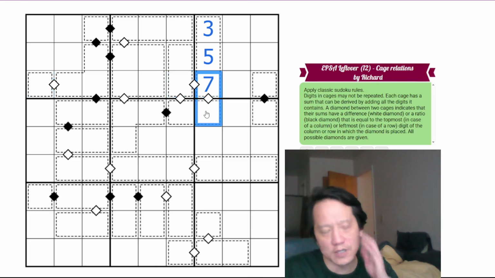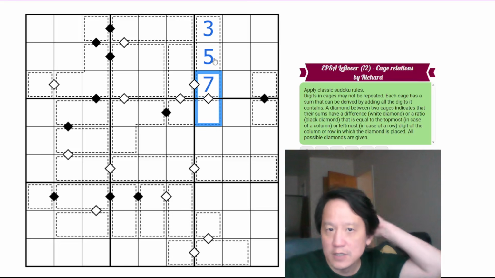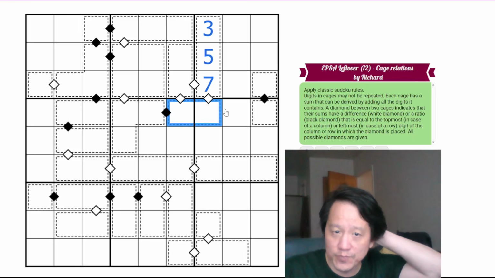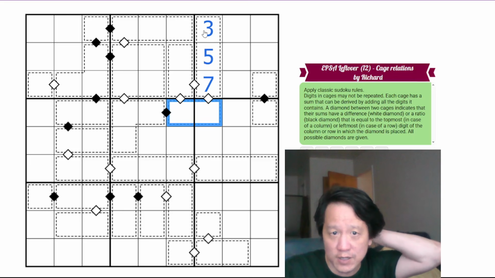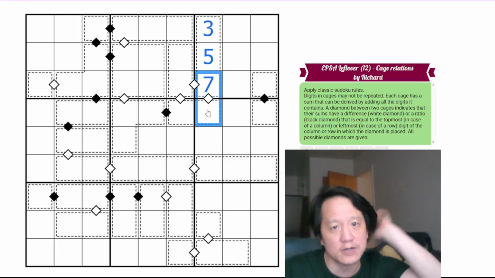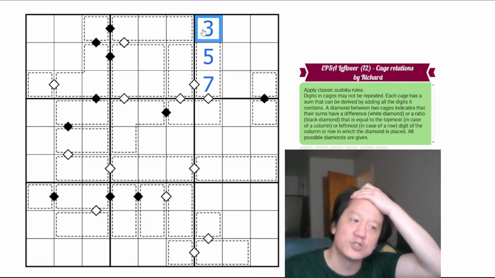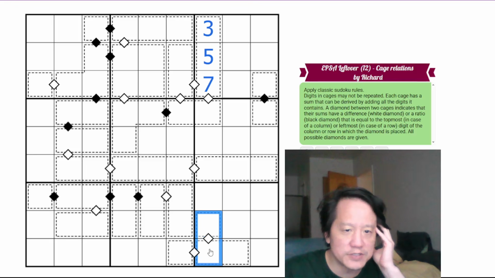So in this case, because this is a white diamond, these digits sum to a sum which has a difference of 3 with this cage, right? Because this diamond here, the topmost digit is 3. Same with this diamond. This diamond then would basically mean that the difference between these cages must also be 3.